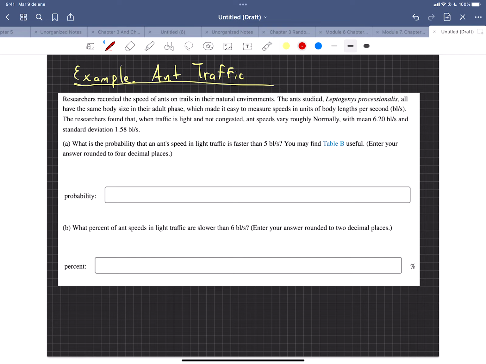The researchers found that when traffic is light and not congested, speeds vary roughly normally. Again, normal distribution with mean equal to 6.2 and standard deviation 1.58.